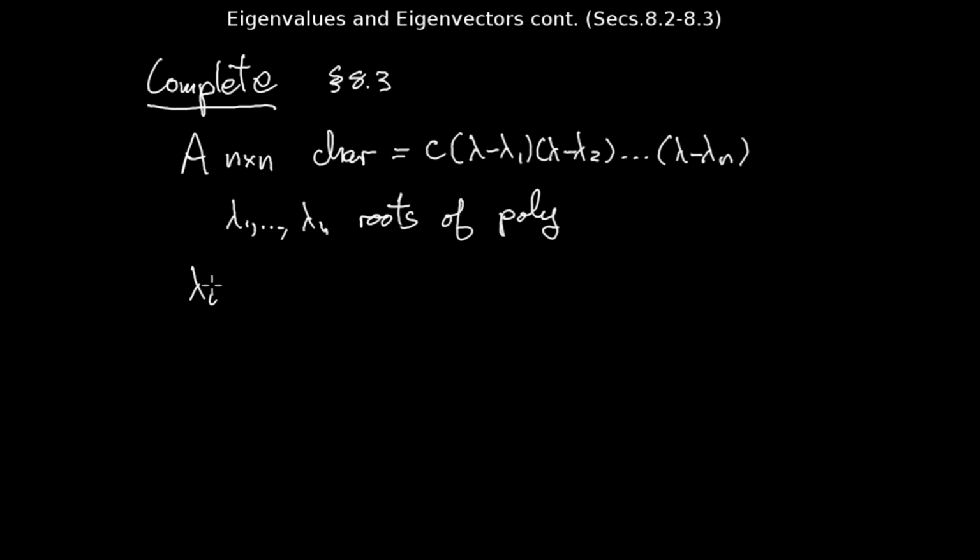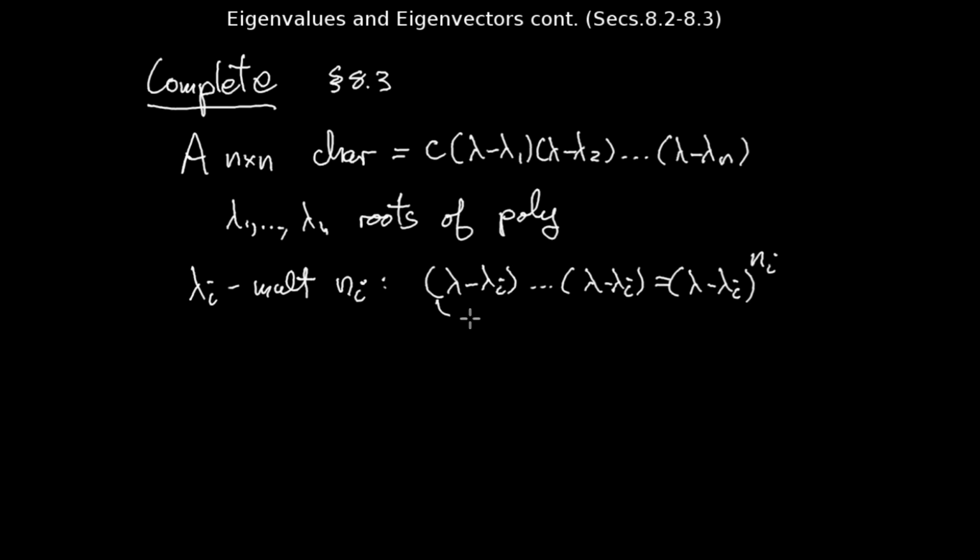So each lambda i has some multiplicity n sub i, and that is to say lambda i occurs n sub i times, or in other words, this part of the product has n sub i terms, which is to say it's just (lambda minus lambda i) to the n sub i. So that's the multiplicity of lambda i.